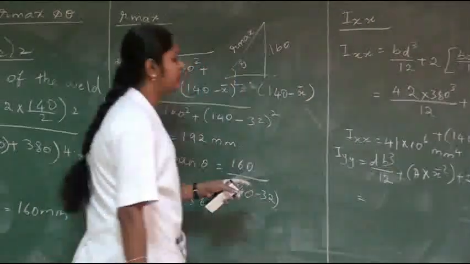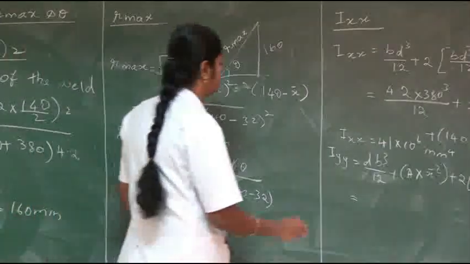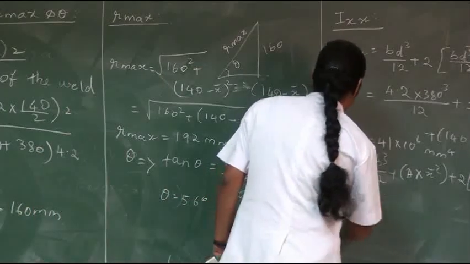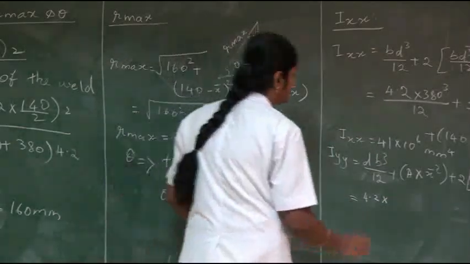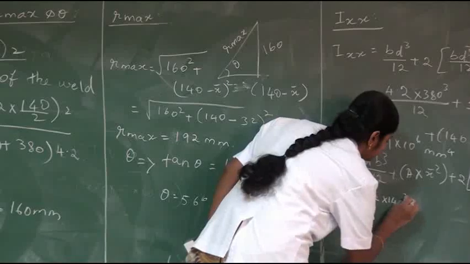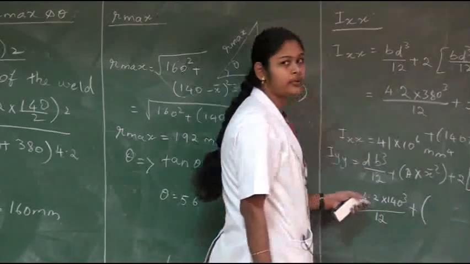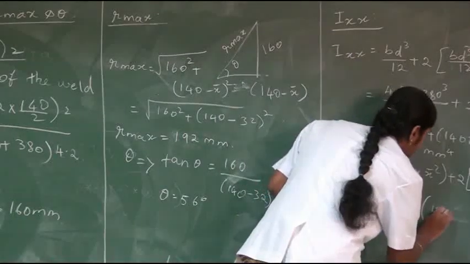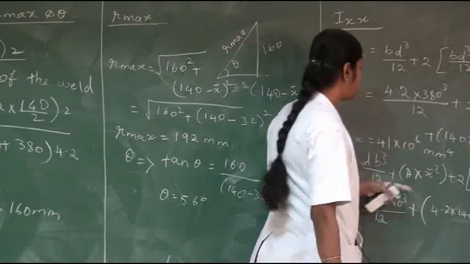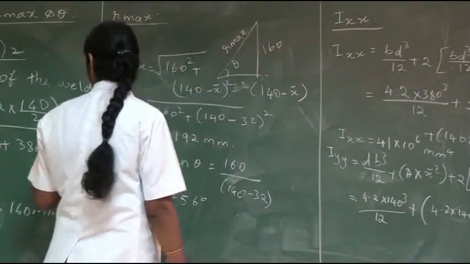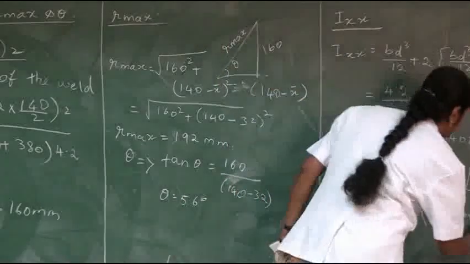For this we have to substitute the values: 4.2 into breadth 140 mm divided by 12, plus the area 4.2 into 140, then the X bar we have calculated here, it is 32 mm, 32 squared.